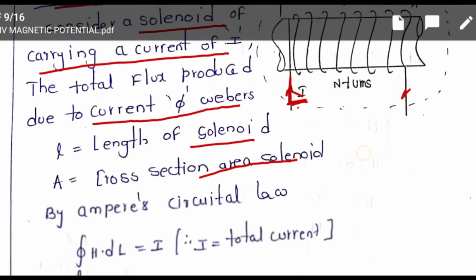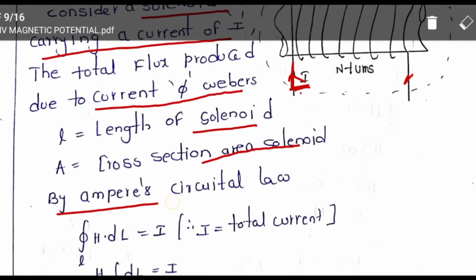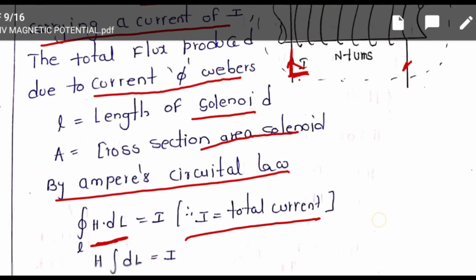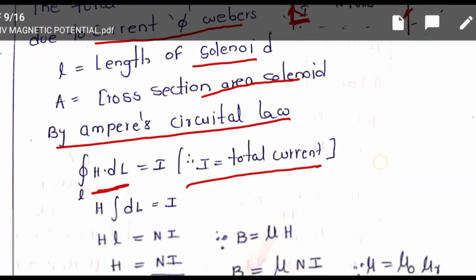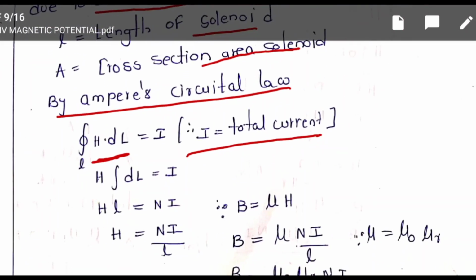By Ampere's circuital law, the line integral of H dot dl equal to the total current enclosed. By using Ampere's circuital law also we can calculate simply the inductance of a solenoid. H integral dl equal to I, where I is the total current.